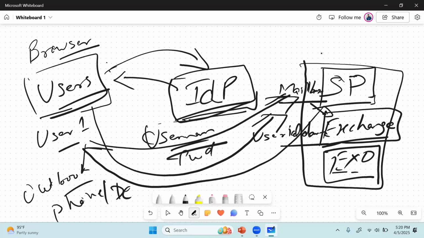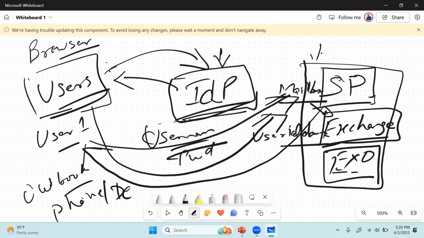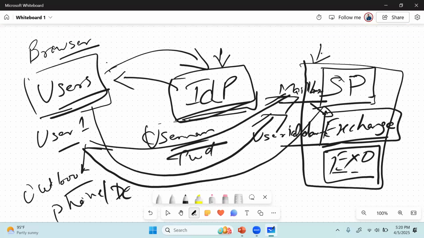So when we talk about identity and access management, this means an IDP would be there, a service provider would be there. The service provider will hold the objects, the IDP will authenticate, and users will be the people trying to access them. Now, examples of IDP: Active Directory on premises is an IDP.